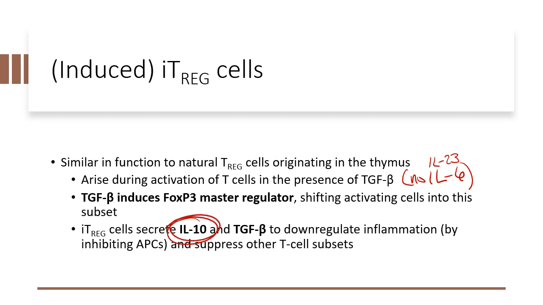Interleukin 10 is very, very immunosuppressive, and it inhibits antigen-presenting cells and, for that matter, other T cell subsets like your CD8 positive T cells and other CD4 positive T cells.